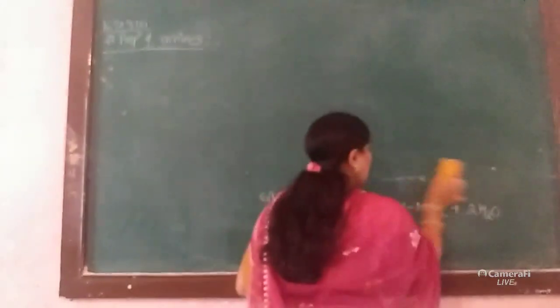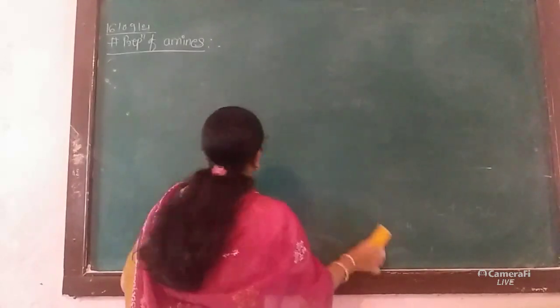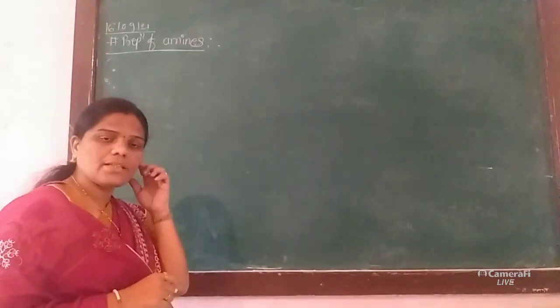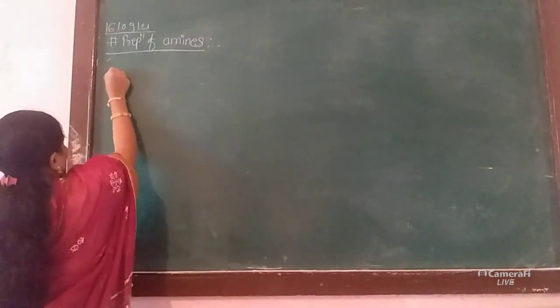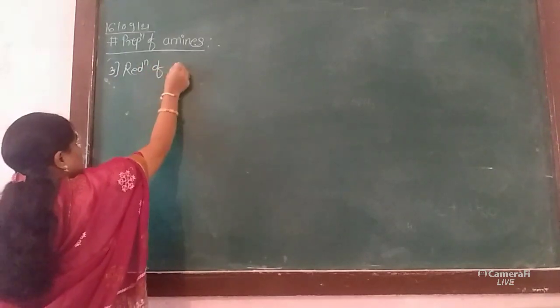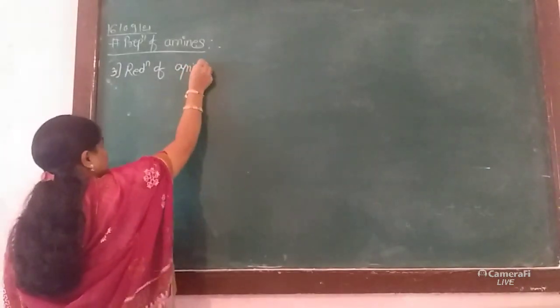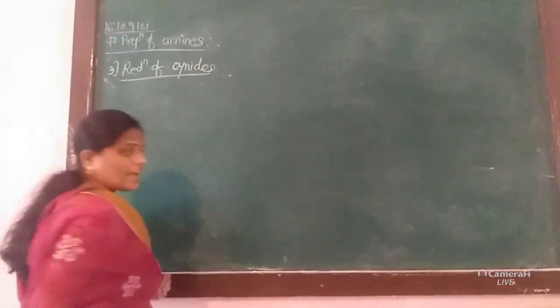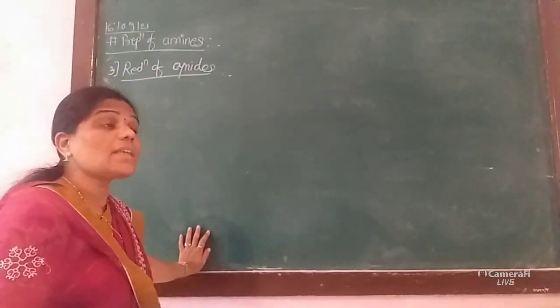Now again we see the next, third method for the preparation of amine, which is the reduction of cyanide. Reduction of cyanide, alkyl cyanides, either call them alkane nitriles or alkyl cyanides.